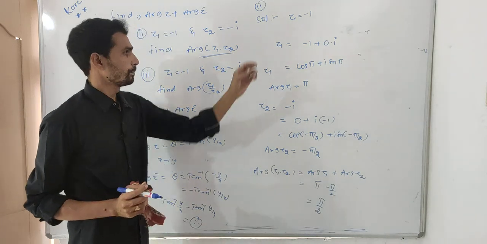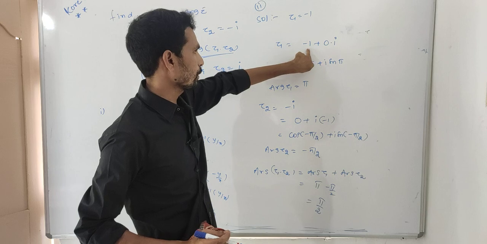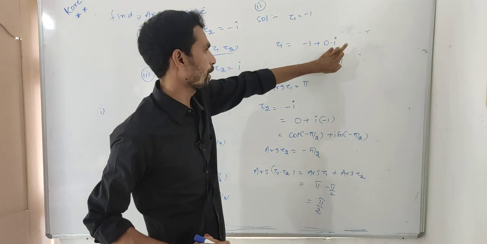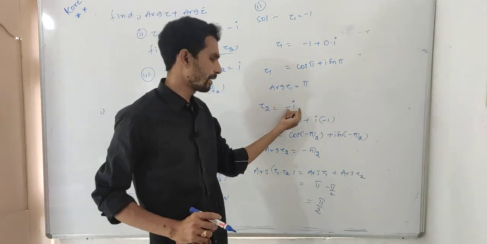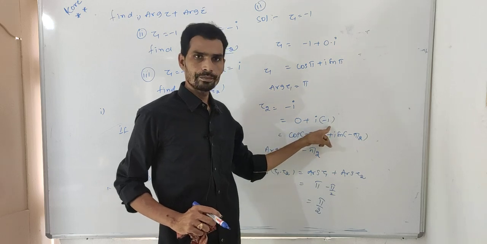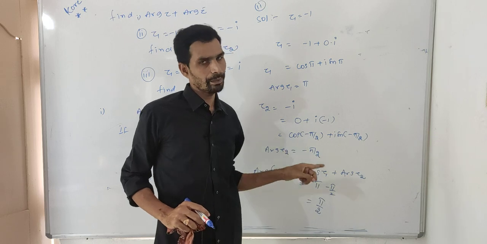Once more I will repeat here. Z1 is equal to minus 1, so minus 1 plus 0 into I. Cos pi value minus 1, sin pi value 0, therefore arg Z1 is equal to pi. Similarly, we can transform minus I. Minus I means 0 plus I into minus 1. So cos of minus pi by 2. Why are we taking minus pi by 2?